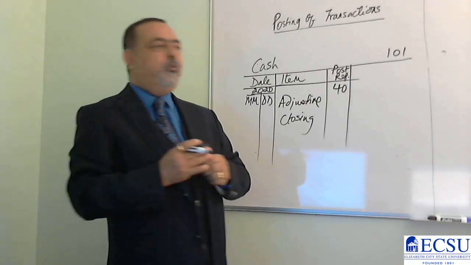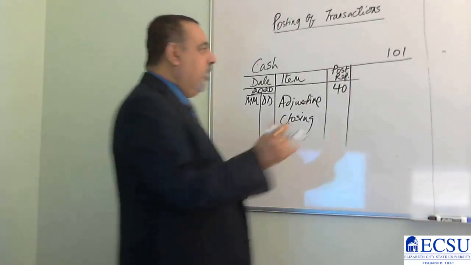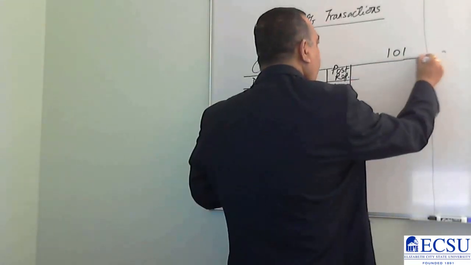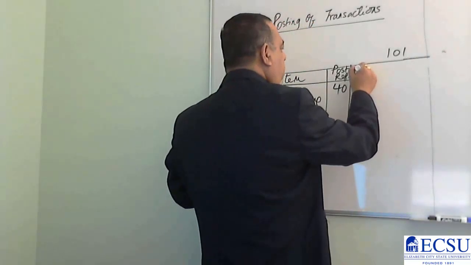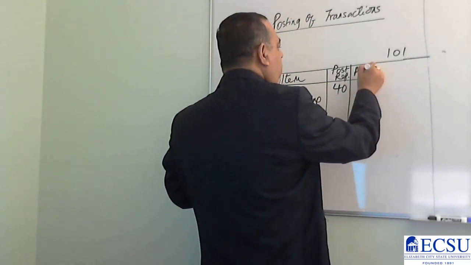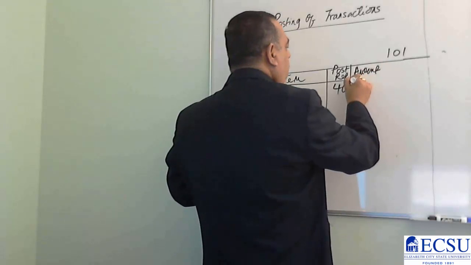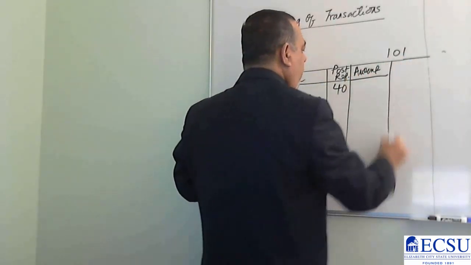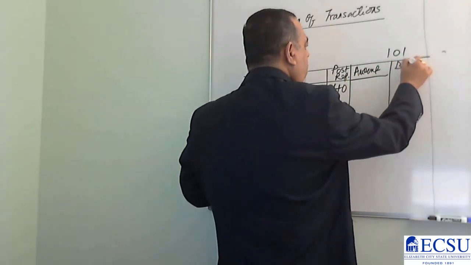Then we have the amount columns. Now in the amount columns we have 4 amount columns. So these will be your amount, and this is your balance column.